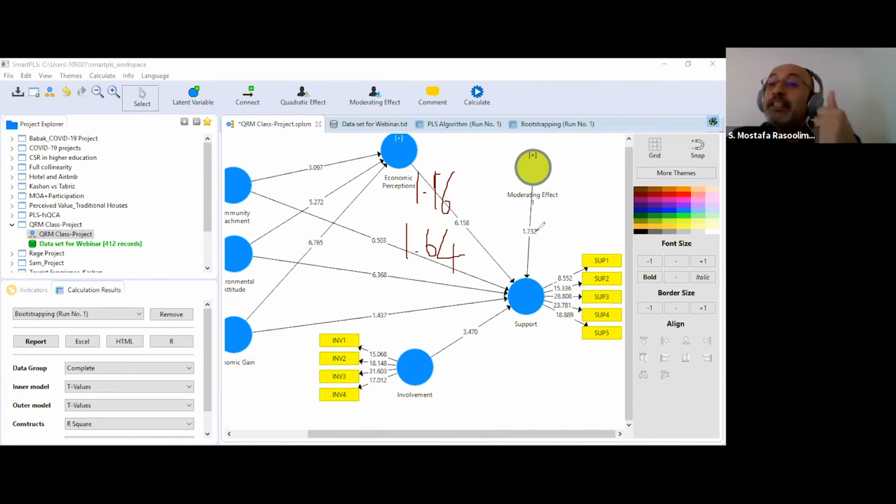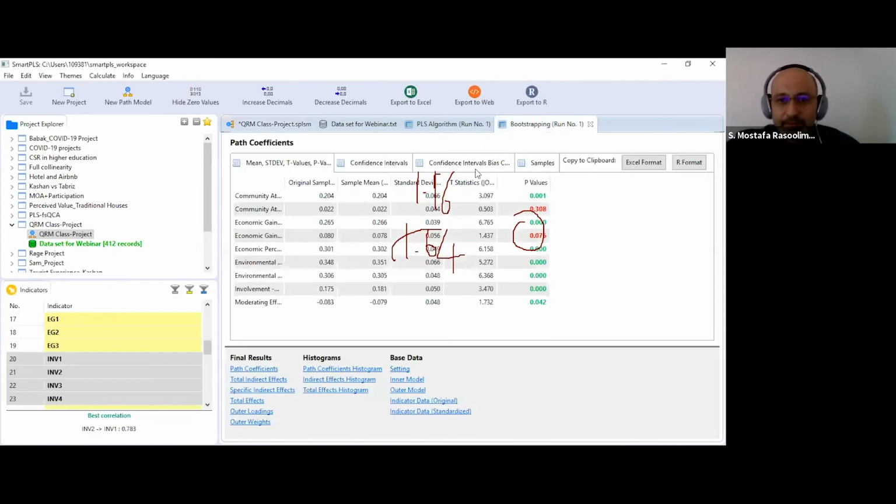So we have a one-tail hypothesis. For a one-tail hypothesis, a t-value higher than 1.64 is significant, right? Okay, now let's look at the result here.